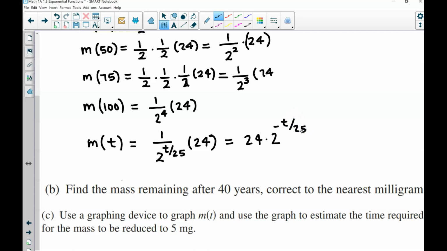And so now, if we want to write this so that our exponent is just our variable, we would have 24 times 2 to the negative 1 over 25 raised to the power of t.